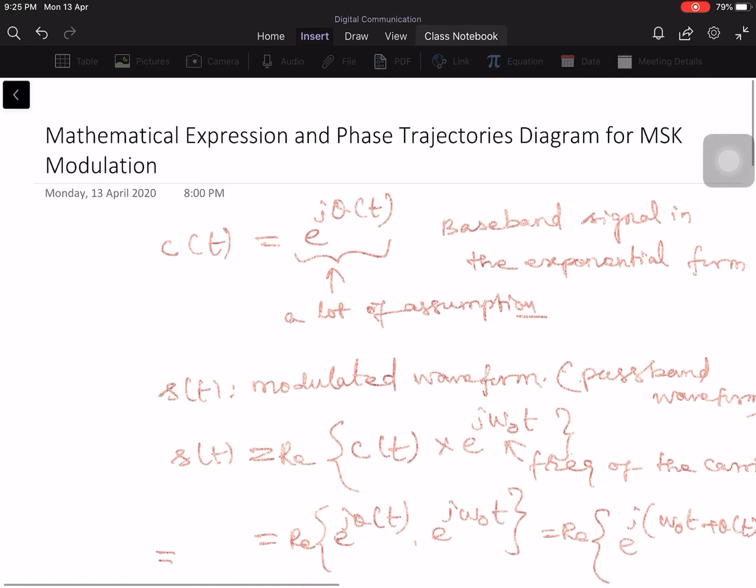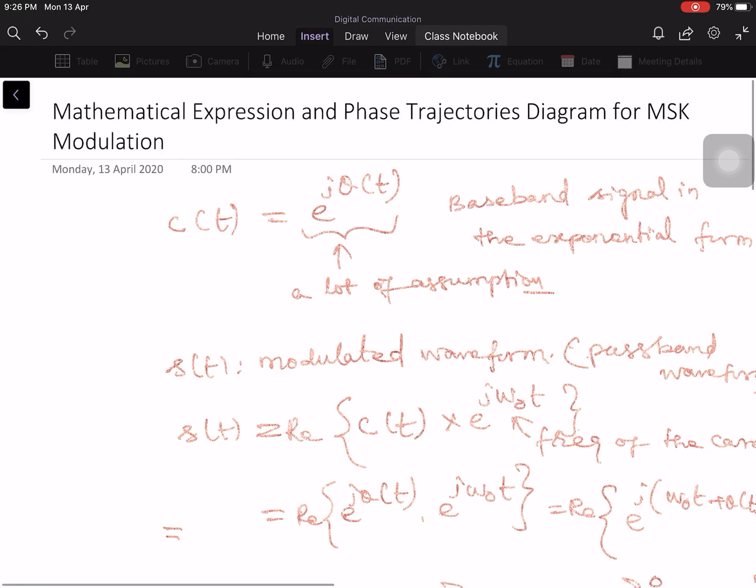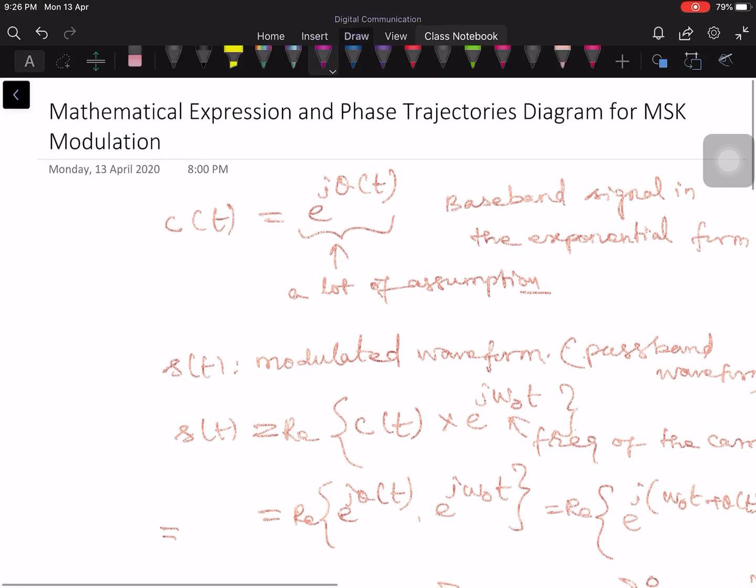Okay, let me summarize. This is your baseband complex signal, and that complex signal is given by c of t equal to e power j theta. That is your complex baseband waveform.